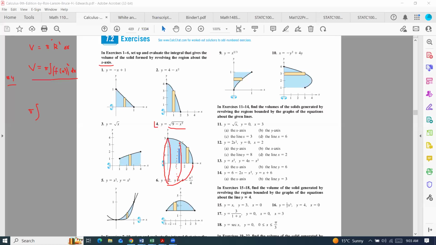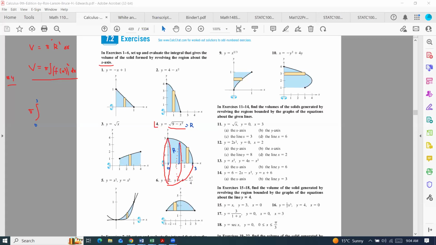Since we rotate about the x-axis, that will be r, which is the same thing as our function at every point. I select in between 0 and 3, so we start at 0 and we end at 3. That's how my integration will be defined.